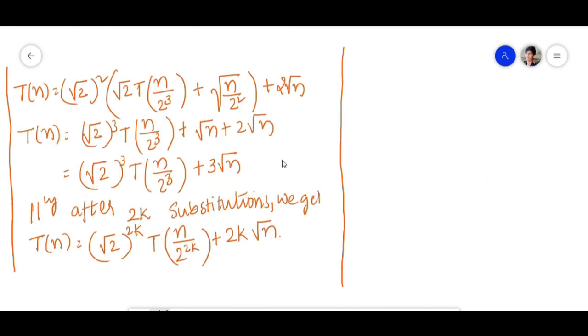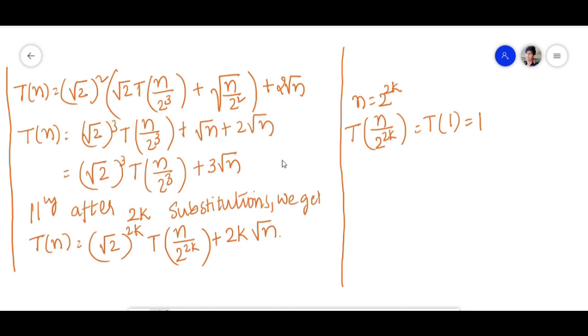In the question, he has given that n equals 2 power 2k. So now T of n by 2 power 2k becomes T of 1, which is equal to 1.